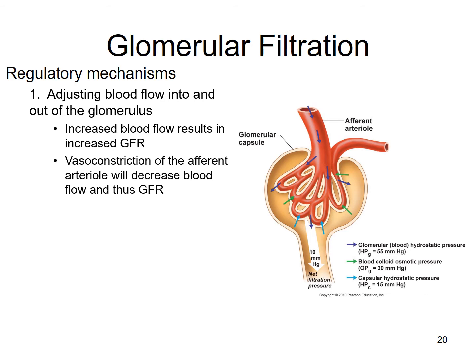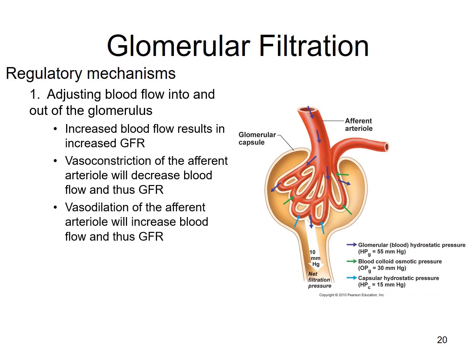So if you vasoconstrict the afferent arteriole, you decrease blood flow, you decrease glomerular filtration rate. Vasodilation, so if you open up that afferent arteriole bigger, then you will increase blood flow. So this would be like, in our garden hose model, somehow making the hose a little bit bigger.